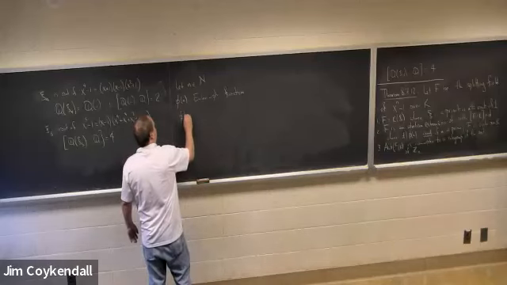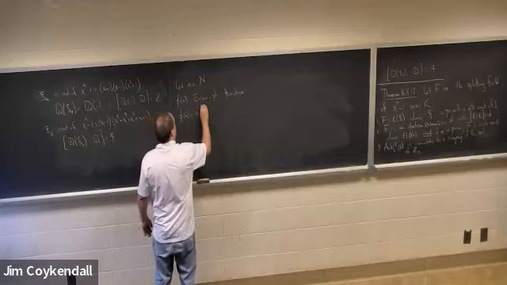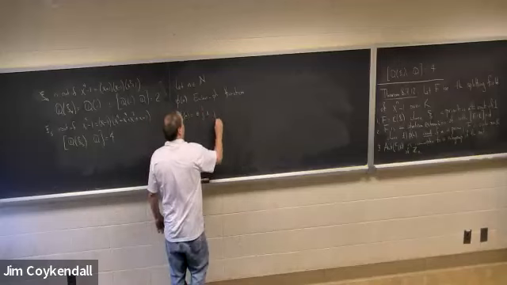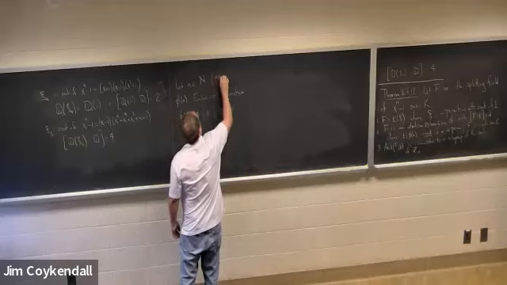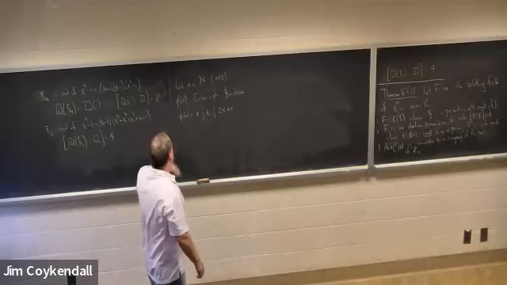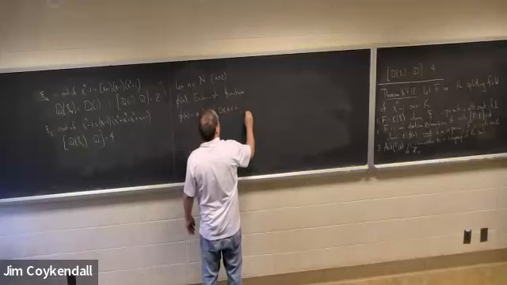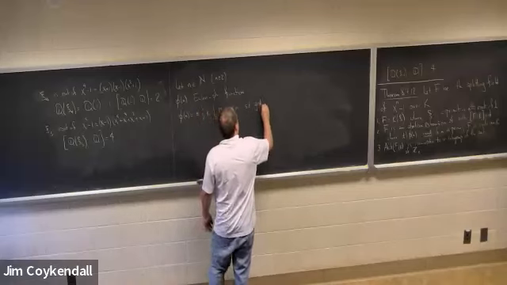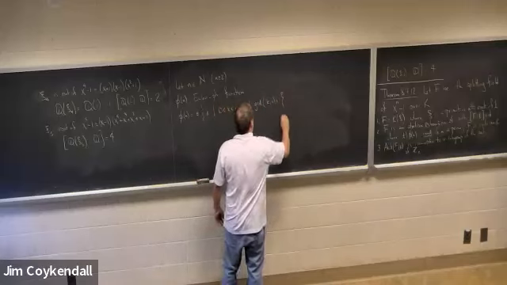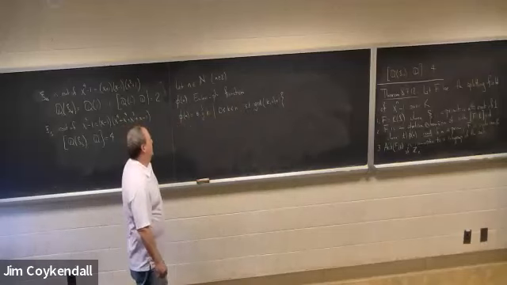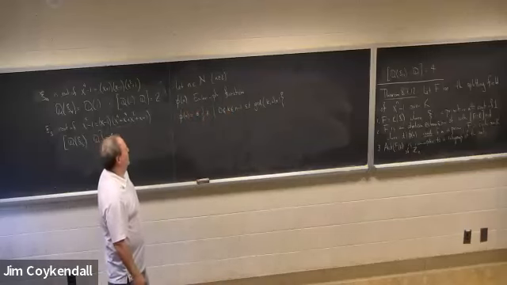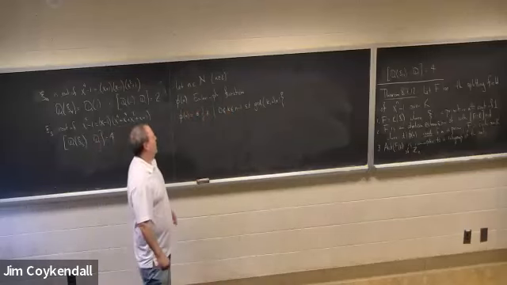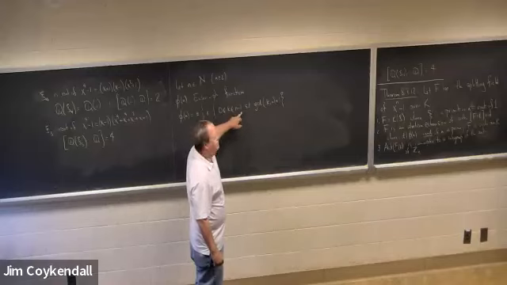I actually use this definition: just count the number of elements between 0 and n minus 1, that is the elements of Z mod n, which ones are relatively prime to n.